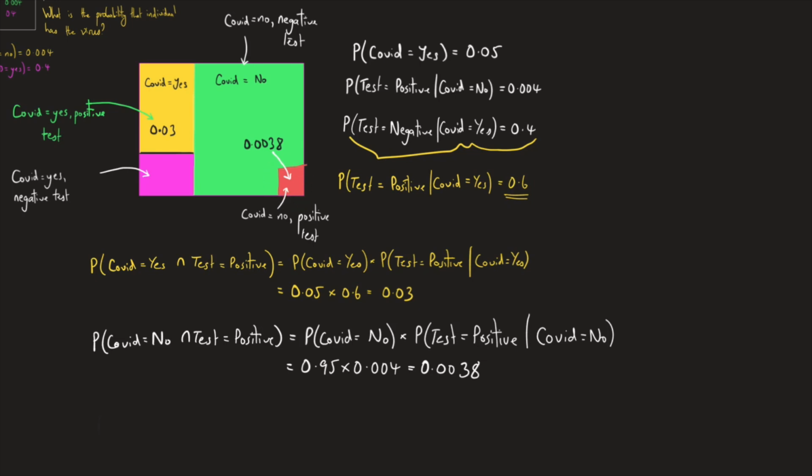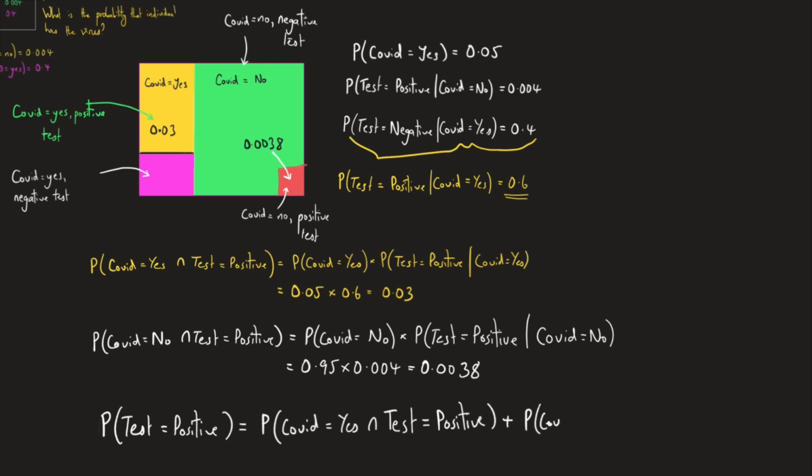So the probability of a positive test is equal to the probability that the individual has COVID and gets a positive test, plus the probability that an individual doesn't have COVID and they get a positive test.